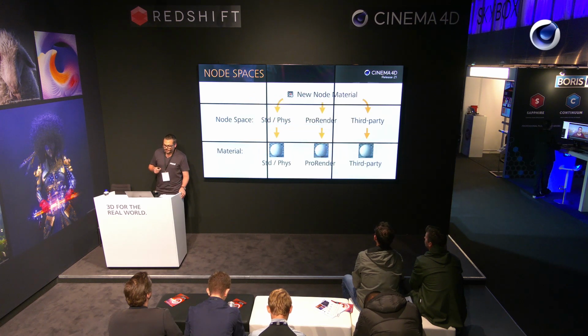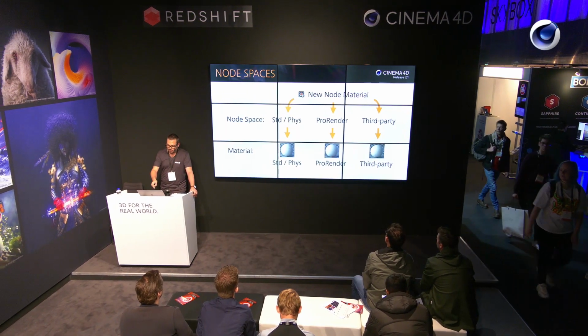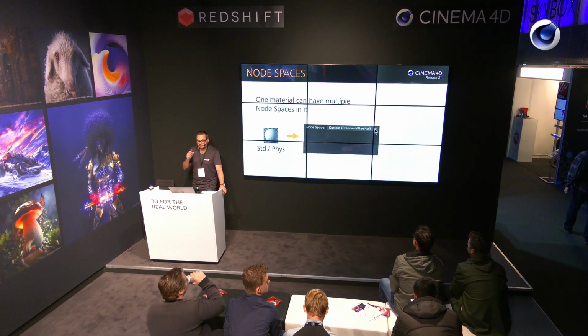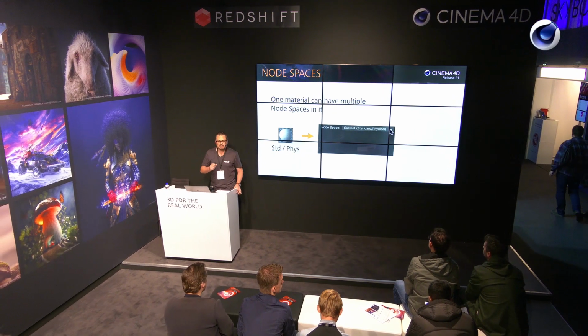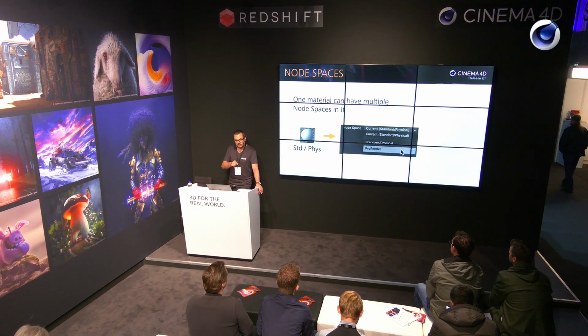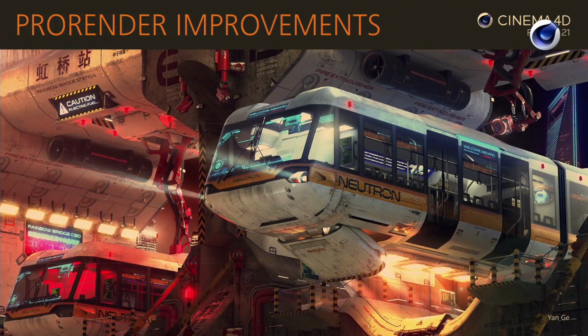New node material, you see here, node space, standard, physical, ProRender, third party. One material, but also can have multiple node spaces inside. So when you change the node space, the material changes as well. Example from Jan Ge.